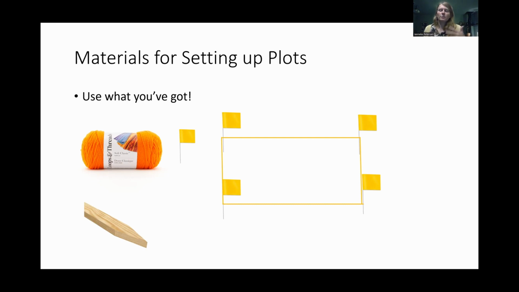It's really helpful if you have some twine or yarn, ideally brightly colored, but use what you've got, to tie between the flags to mark the border of the plot. But you don't have to use these materials. If you have garden stakes, wooden stakes and a hammer to hammer them in, that works. Use whatever you have on hand to make these plots. Hopefully you don't have to buy anything.